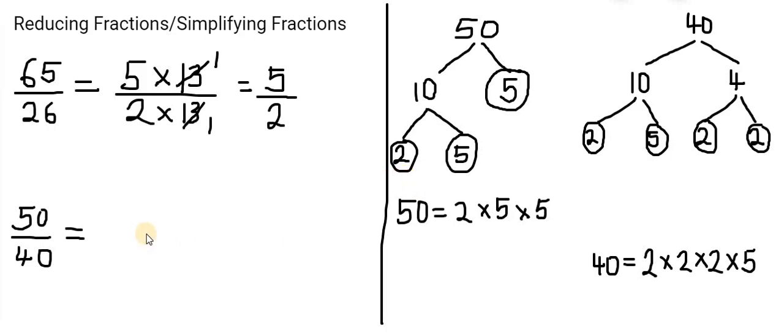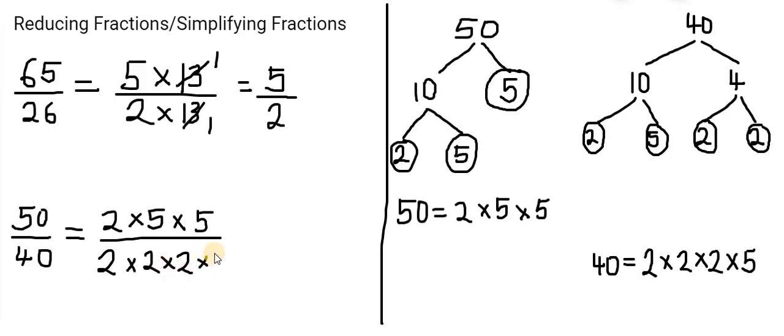Okay? So, we take 50 as a product of prime factors. That would be 2 times 5 times 5 at the top. And at the bottom for 40, that would be 2 times 2 times 2 times 5. Now, there's a 2 at the top and there's a 2 at the bottom. So we cancel that out for 1 and 1.